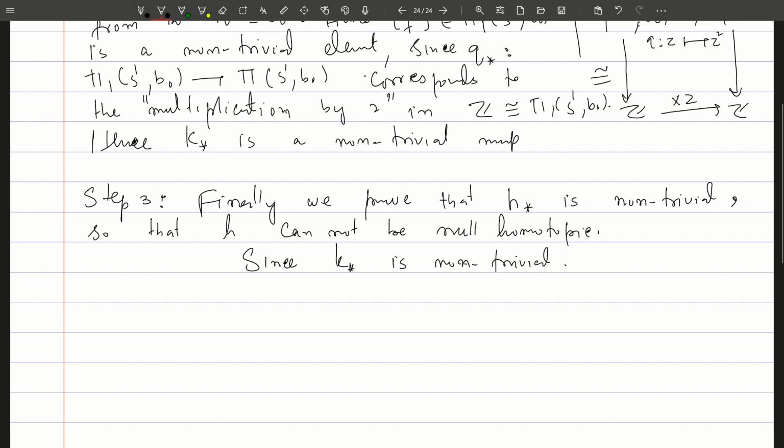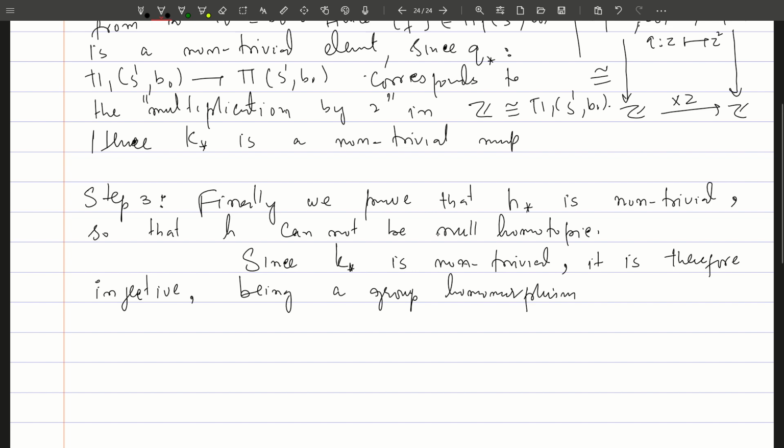So since K star is non-trivial, it is therefore injective, because it is a group homomorphism from an infinite cyclic group with itself.